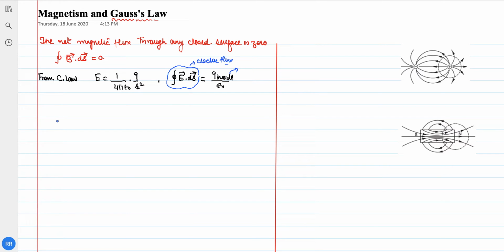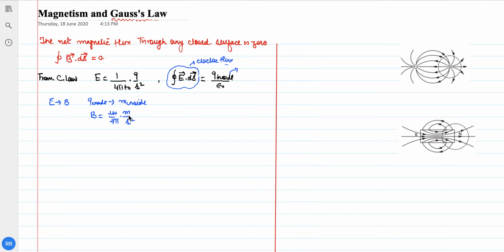So similarly, from this equation, if I replace E by B, and 1 by 4 pi epsilon 0 with mu naught by 4 pi, and Q inside with M inside, the net pole strength inside, then the magnetic field could be written as B is equal to mu naught upon 4 pi into M over r square.